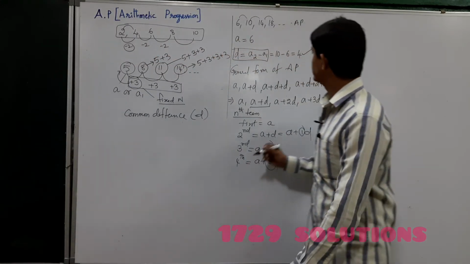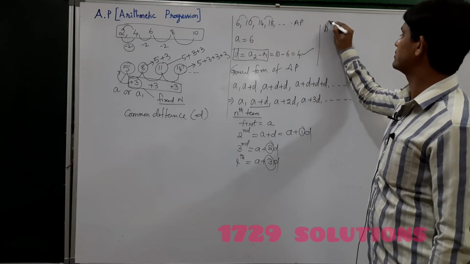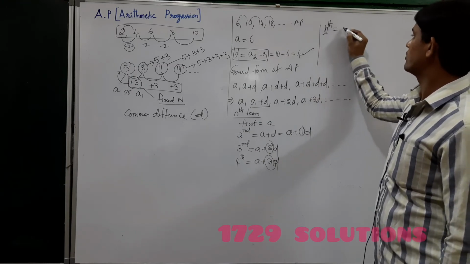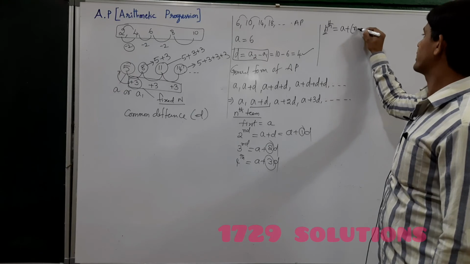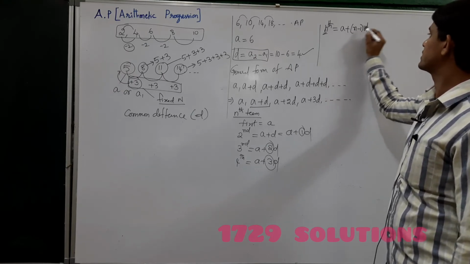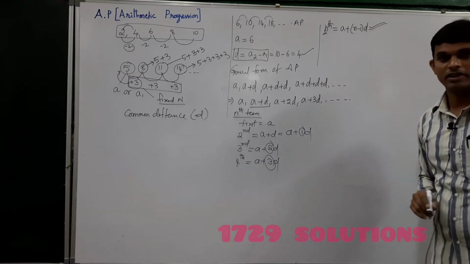To write the nth term of this given information, n we have, so A plus (n minus 1) into D. This is clearly the nth term. This is the formula for the nth term.